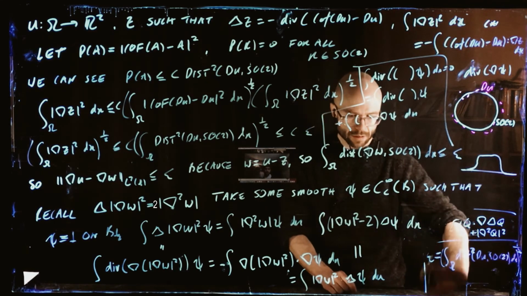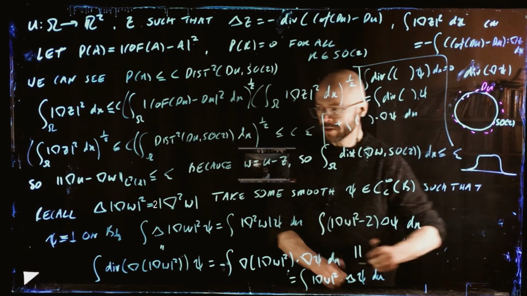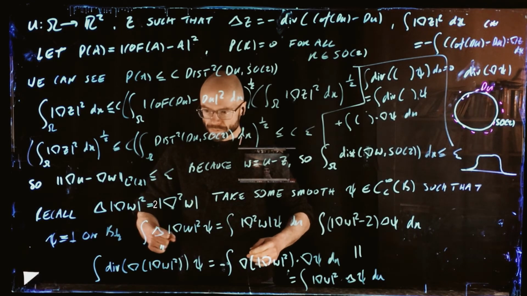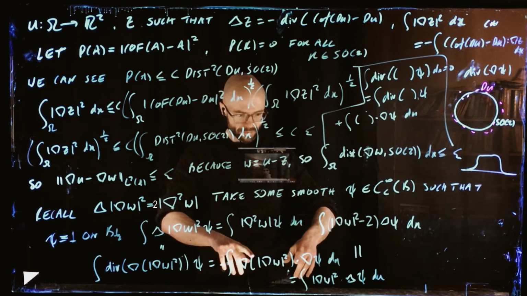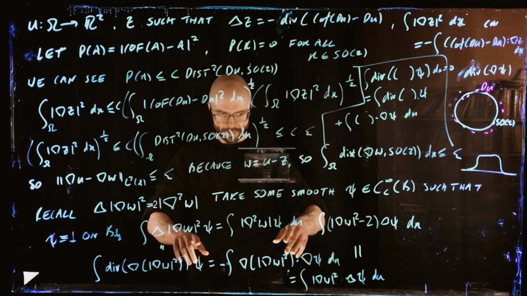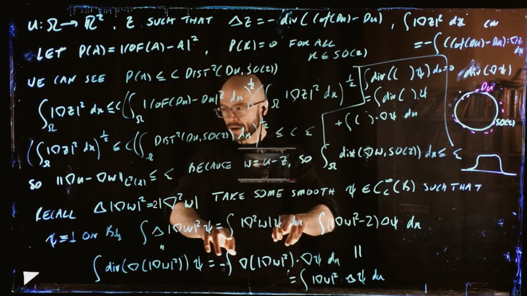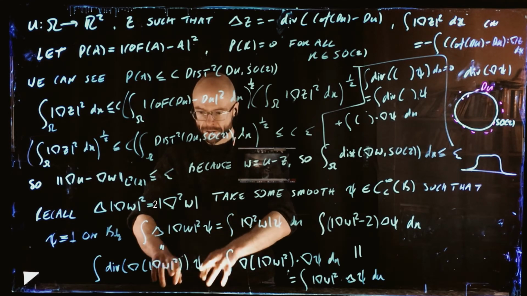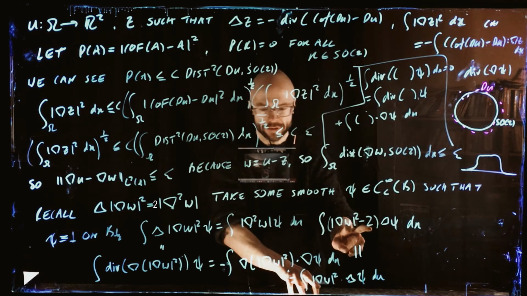Cool. So why did I bother to stick this 2 in? What are we trying to do ultimately? Look at this chain of stuff. We have some test function here, which is identical to 1.5 ball, like this. And then we put the Laplacian on the other side, and then we stuck in a 2.